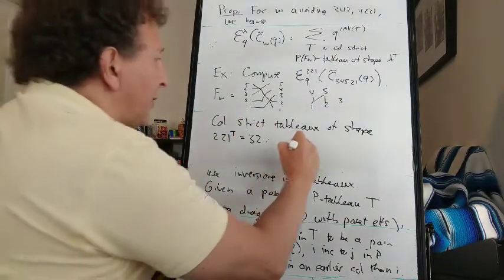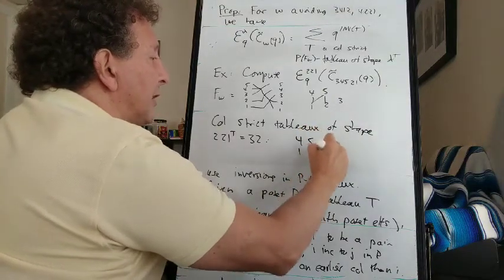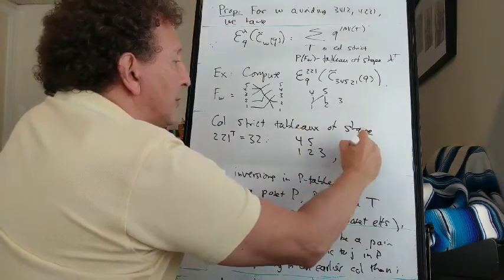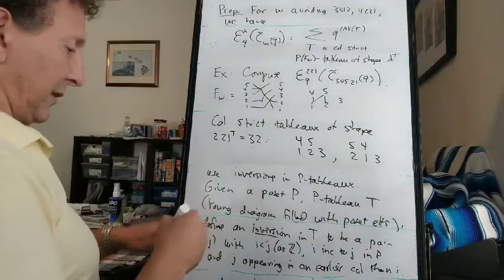We noted before that they are 2, 5 in the first column, 1, 4 in the second column, and 3 by itself, or 1, 4 in the first column, 2, 5 in the second column, and 3. Those are the only two possibilities.